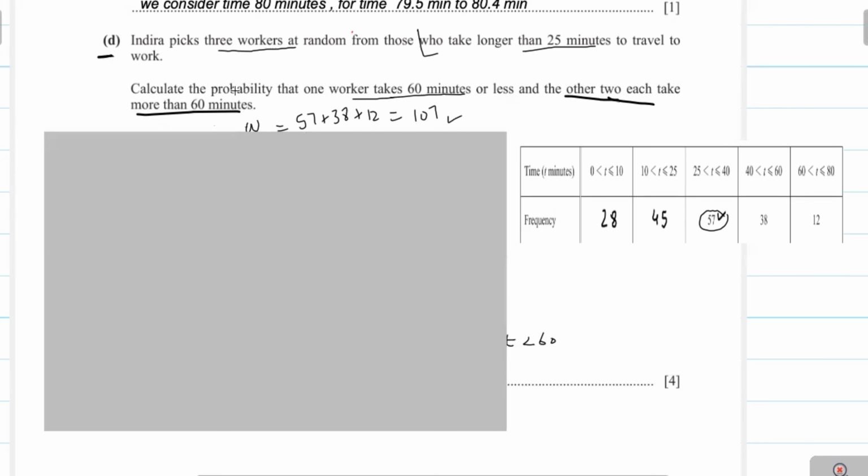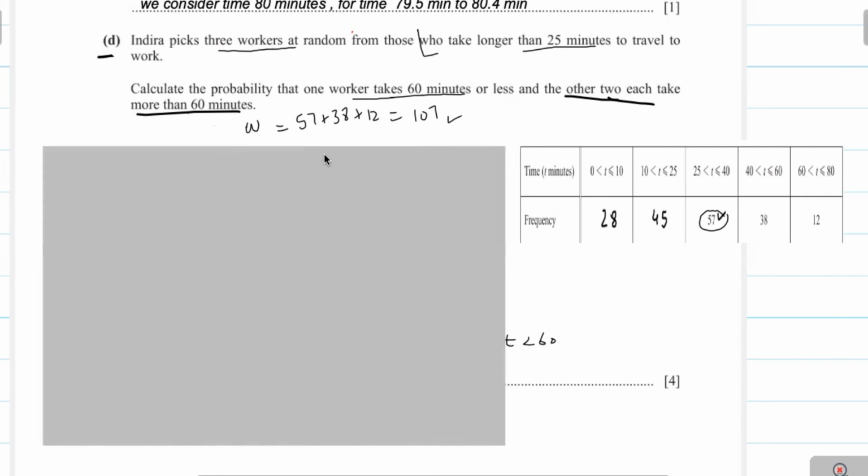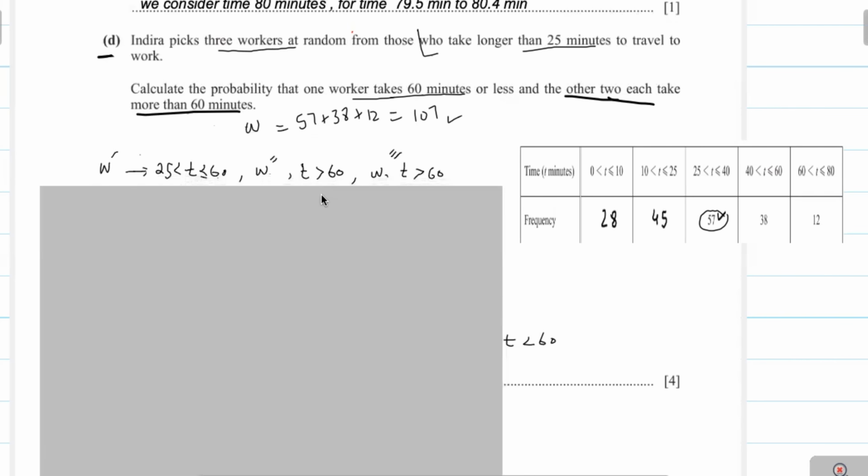Now we have to find the probability that one worker takes 60 minutes or less and the other two take more than 60 minutes. Firstly, we represent the worker who takes time less than 60 as W dash, and the other two workers who take more than 60 minutes as W double dash and W triple dash.